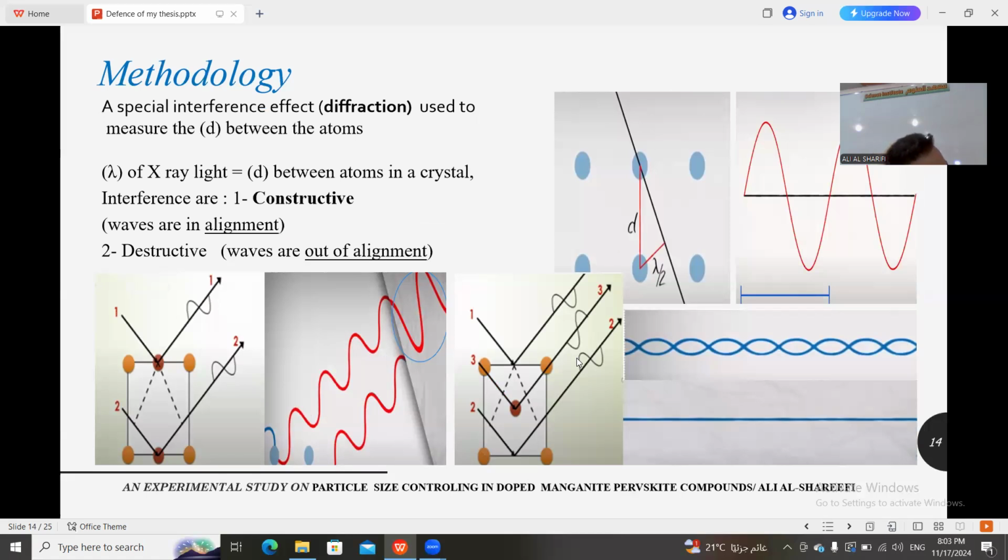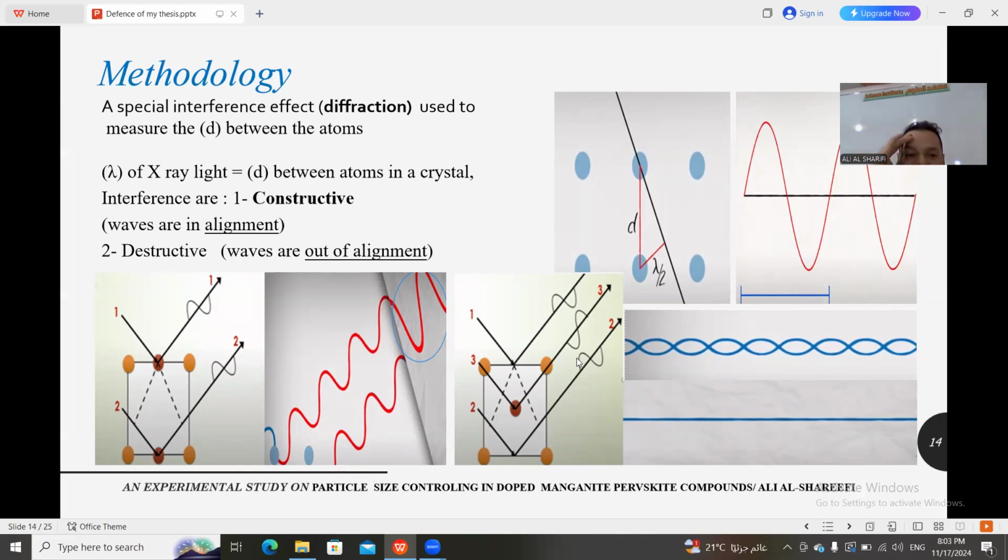Now, at this X-ray on the atomic planes, these rays will diffract. Now I'm talking about two important things, the interference and the diffraction.